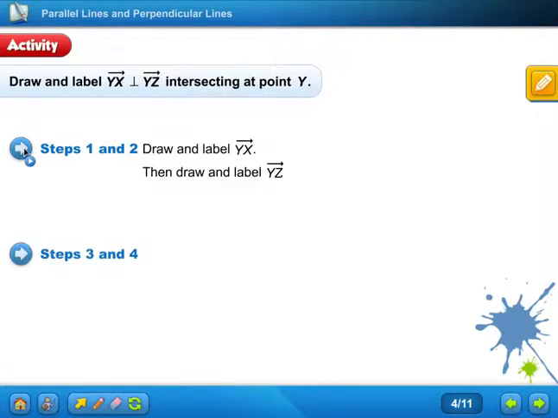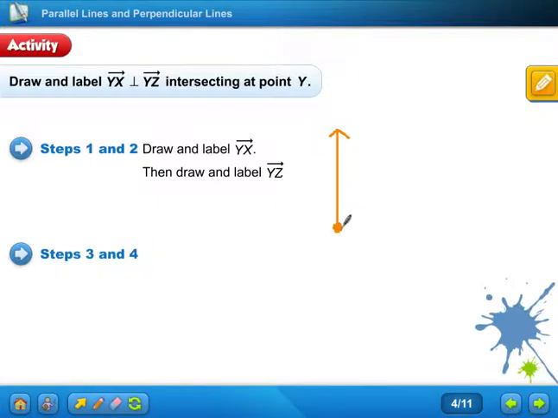All right, let's see how good my drawing is. So step 1, draw and label ray YX. Remember, it's a ray, so it has one endpoint. Hopefully my drawing will be good.